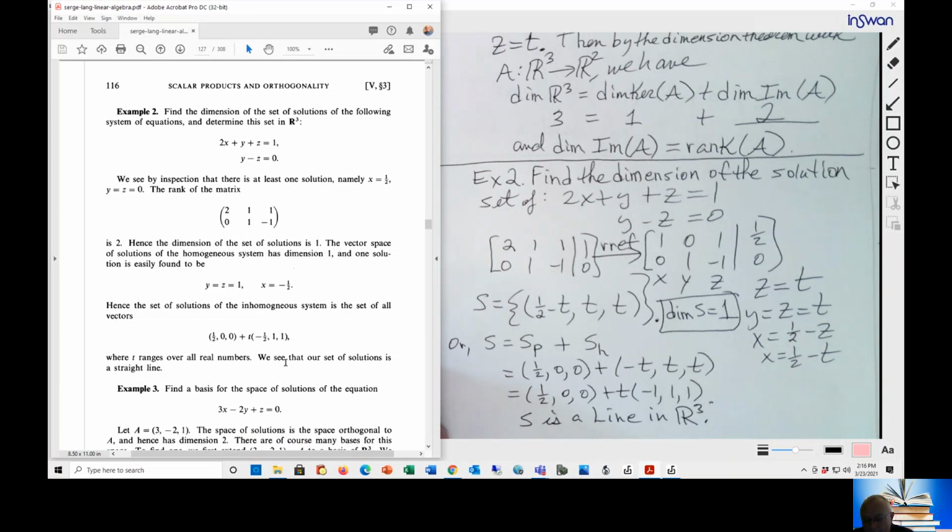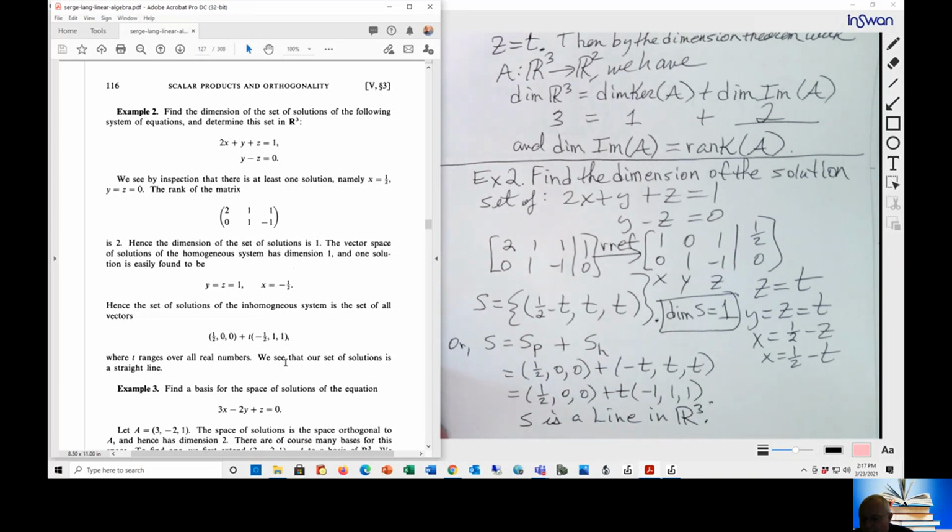Okay? Well, form the augmented matrix whose rows are 2, 1, 1, augment 1, and 0, 1, negative 1, augment 0. Row reduce it. You see what you get: 1, 0, 1, 1 half, 0, 1, negative 1, 0.